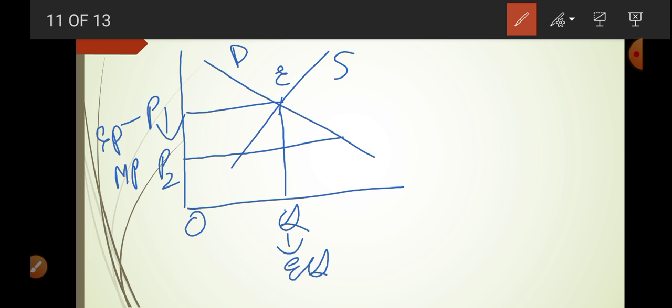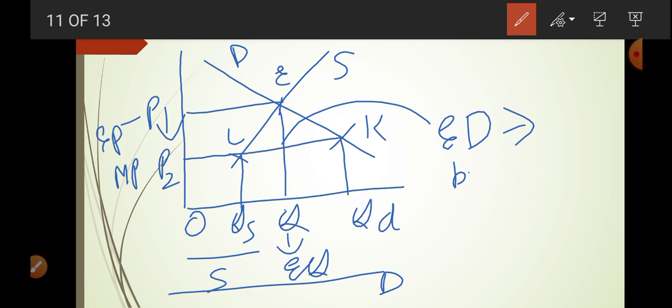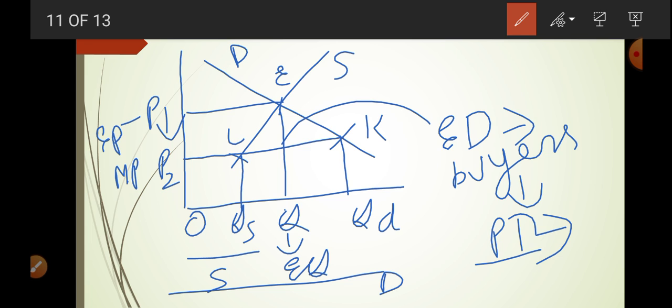At this price, supply is QS and demand is QD. So supply is this much and demand is this much. So there is the condition of LK, excess demand. With excess demand, competition will be among the buyers and price is going to be high, and this increase in the price will continue till it again becomes OP.